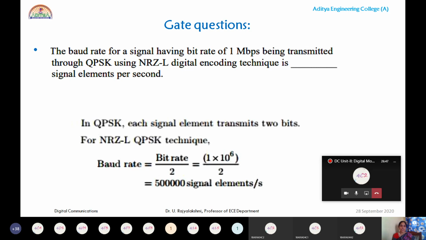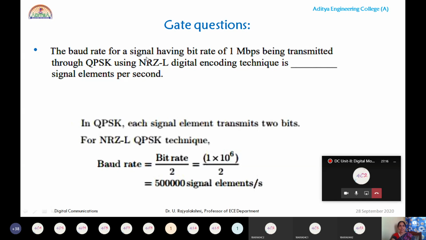Every time we discuss that 2 bits are grouped per symbol, 3 bits are grouped per symbol, and a sequence possesses many symbols, each consisting of a certain number of bits. That symbol rate is nothing but the baud rate. Symbol rate or sample rate or element rate, in general baud rate. So Fs is nothing but the baud rate.